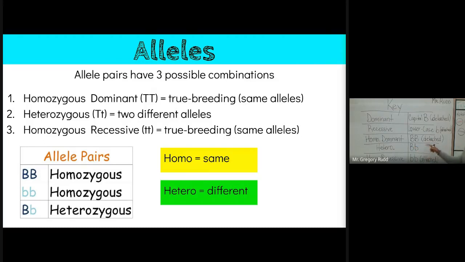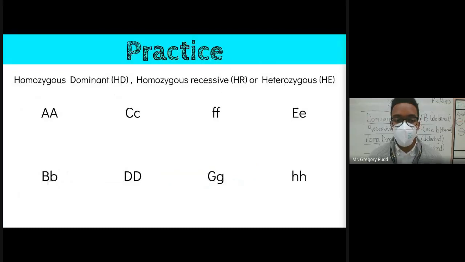So I'm going to get the dominant trait, which in this case is detached. Does that make sense? Okay, we'll get a lot of practice with that. If we're still unclear, don't worry. I wanted to jump right into this because we are going to need a lot of practice with it, so I didn't want to waste time.